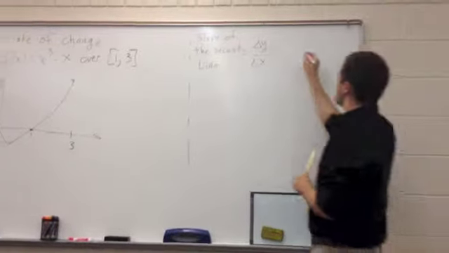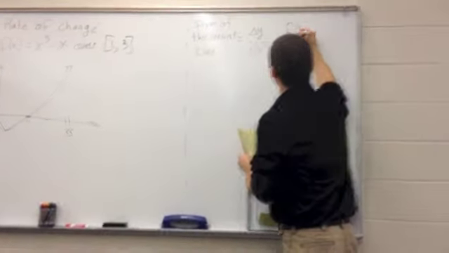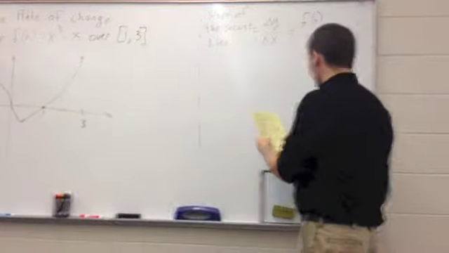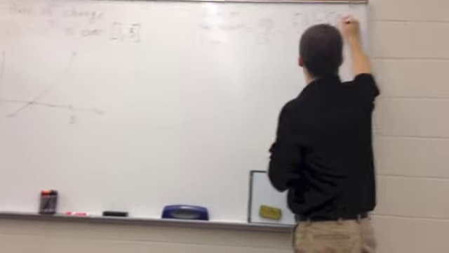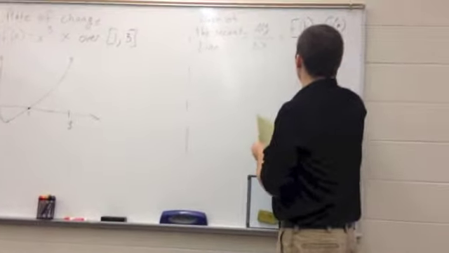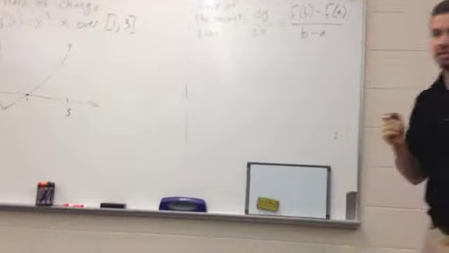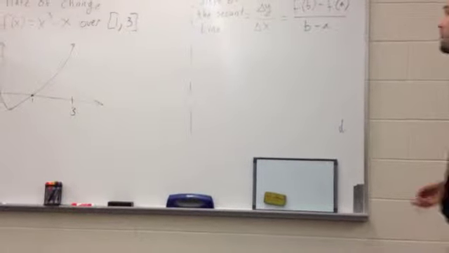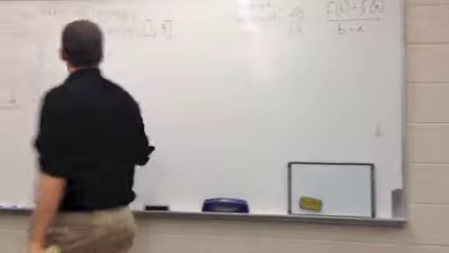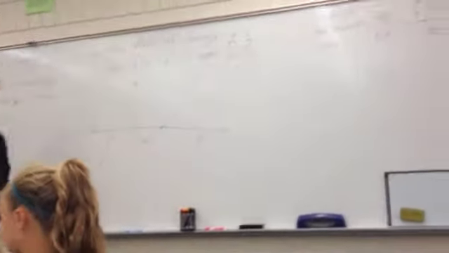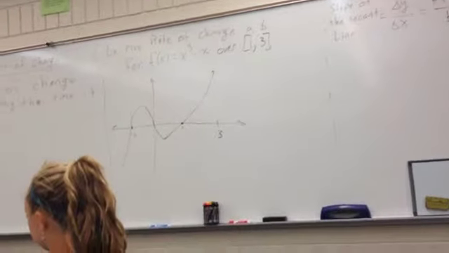In function notation, you're just taking f of b minus f of a divided by b minus a. It looks a lot like the slope formula. In our example, 1 would be a, and 3 would be b.